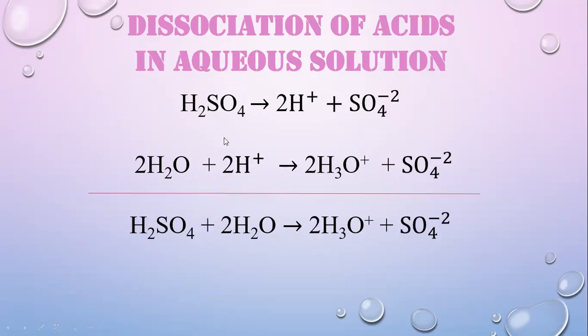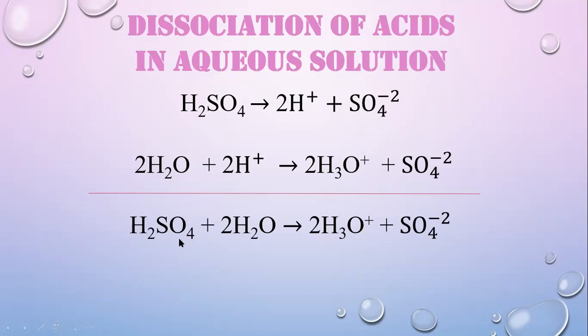So we have one more example. Sulfuric acid. Sulfuric acid ionizes into hydrogen ions and sulfate ion. One molecule of sulfuric acid produces 2 hydrogen ions. Again, hydrogen ions cannot exist independently in an aqueous solution. So the hydrogen ion combines with water molecule, giving rise to hydronium ion, and sulfate ion remains in solution.